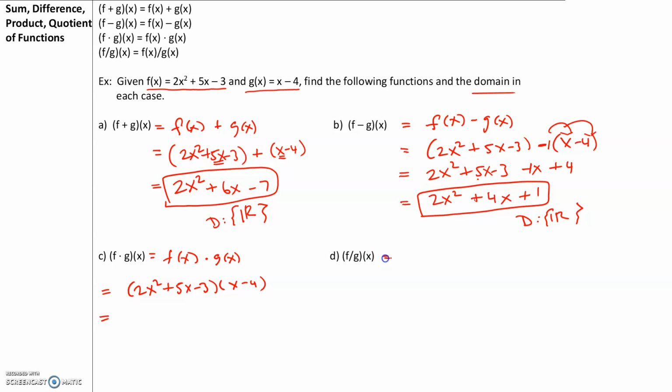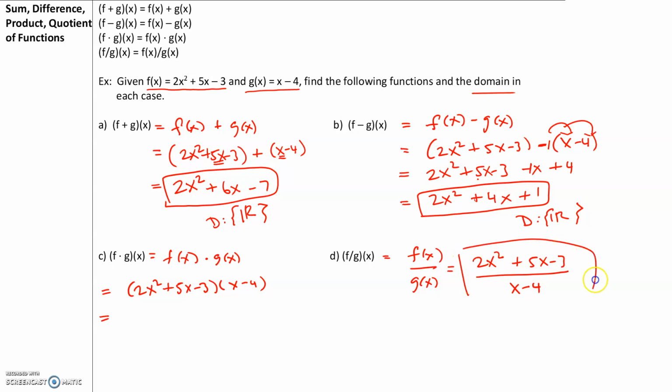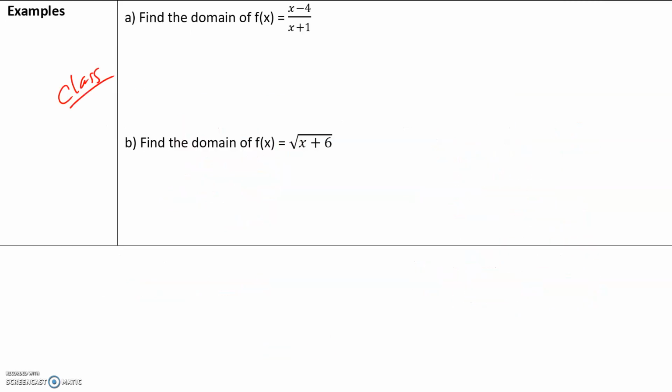The last one, we've got f over g of x, so that's going to be f of x divided by g of x. So f of x is 2x squared plus 5x minus 3, and g of x is x minus 4. We can't simplify this any further, so that's our answer. But let's think about the domain. The domain has a restriction.